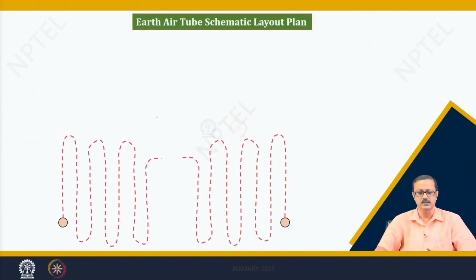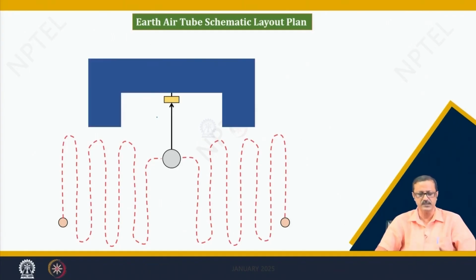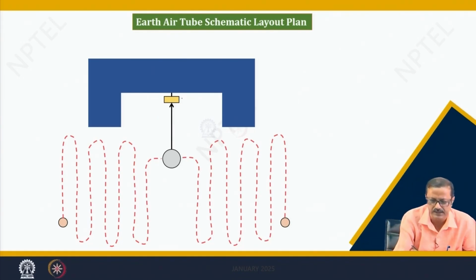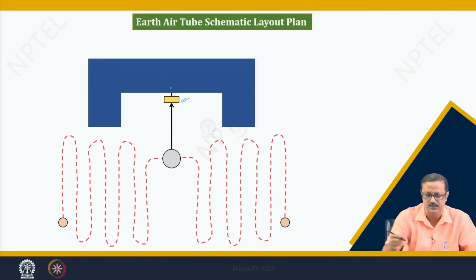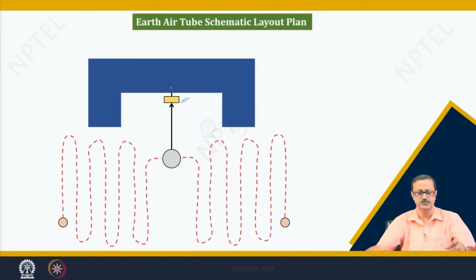So inside I have to put some suction points, those are the suction points, and the dotted lines are the schematic view of the pipes laid in this particular site, and from there will be a collection manhole, and from there I will take that to this yellow box indicating my centralized AC unit, and this blue shape, the rectangles, is my building.